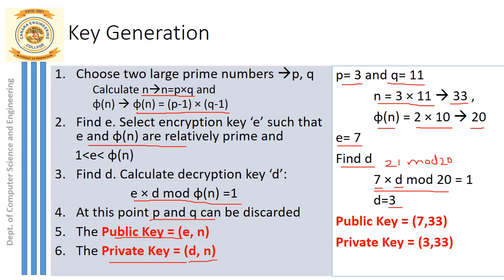So once I put D equal to 3, this particular condition is satisfied, so I can choose D equal to 3. Now I can generate the public key as 7, 33 and the private key as 3, 33, where E is equal to 7, D is equal to 3 and N is equal to 33. So this is how we generate the public key and private key in the RSA algorithm.